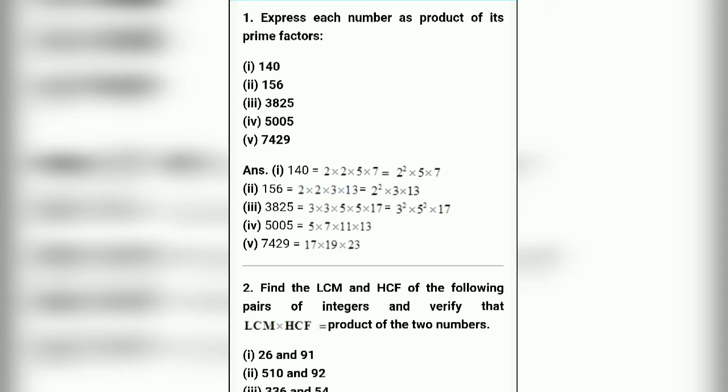The second number is 156. First of all, we can directly see this number is divisible by 2, because the last digit 6 is an even number. If the last digit is even, then definitely the number is divisible by 2.